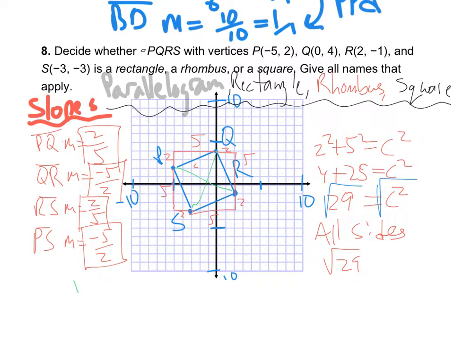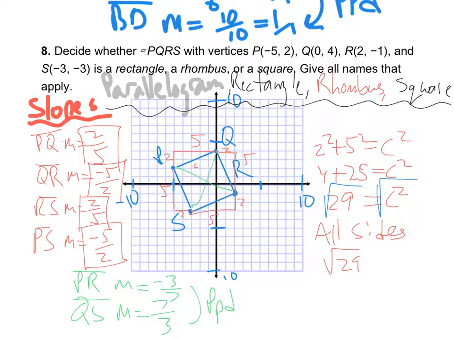If we check the diagonals here, they will have congruent lengths and they're perpendicular. Let's see real quickly. PR has a slope of -3/7, and QS has a slope of 7/3. Notice those are negative reciprocals, so these are perpendicular.